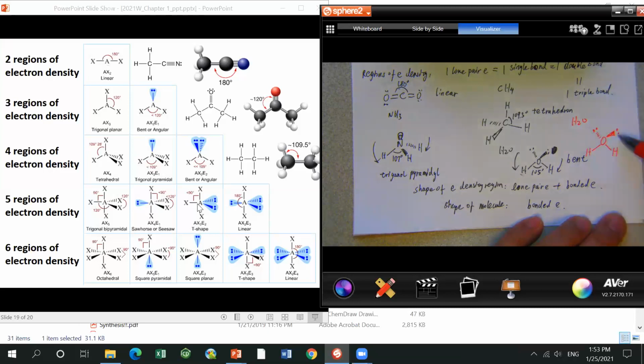Four should always be tetrahedral, so tetrahedral for the regions of electron density shape. But if I ask about molecular shape, only count the bonded atoms, so this part should be bent, and the bond angle should be about 105 degrees.